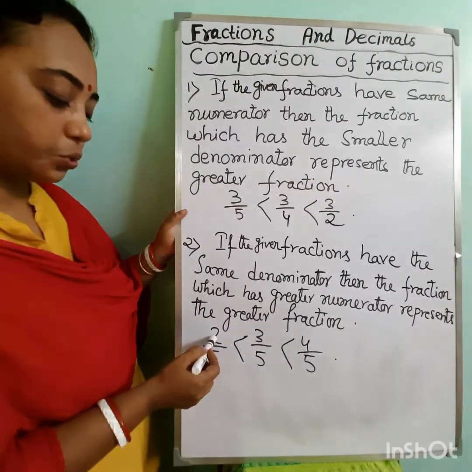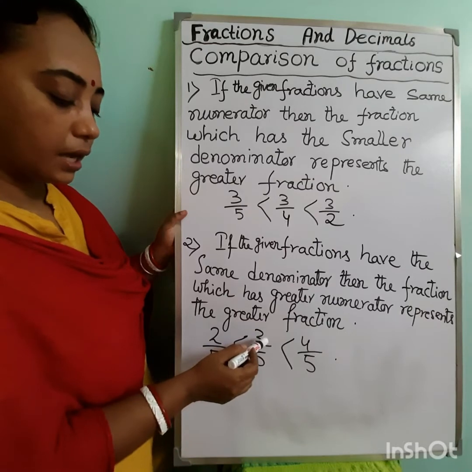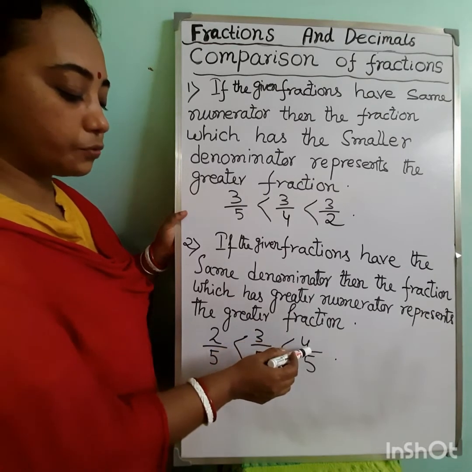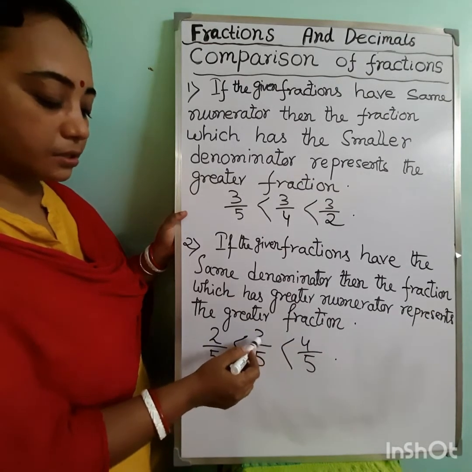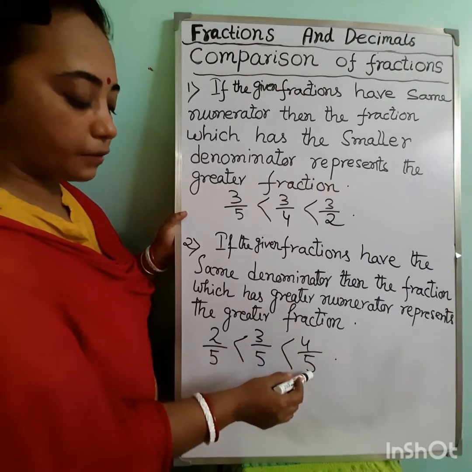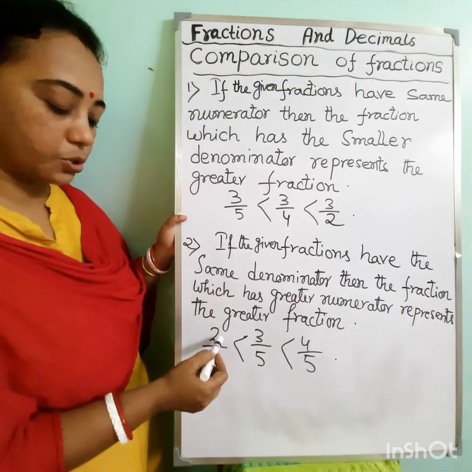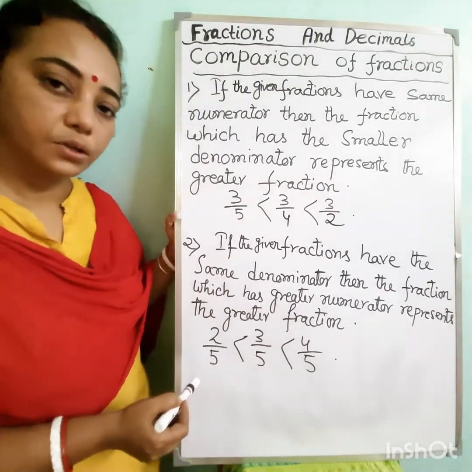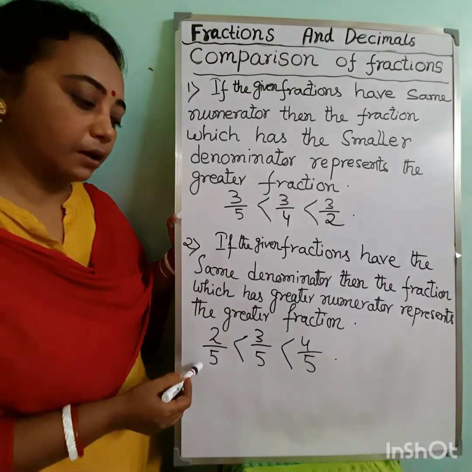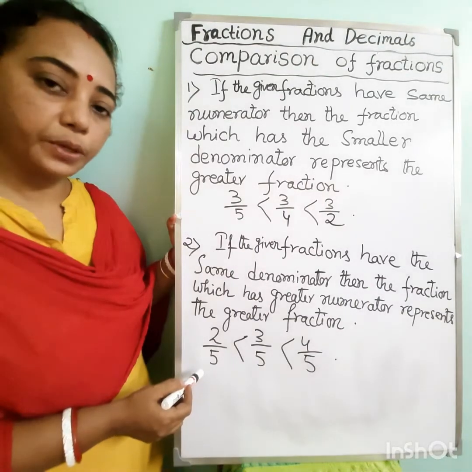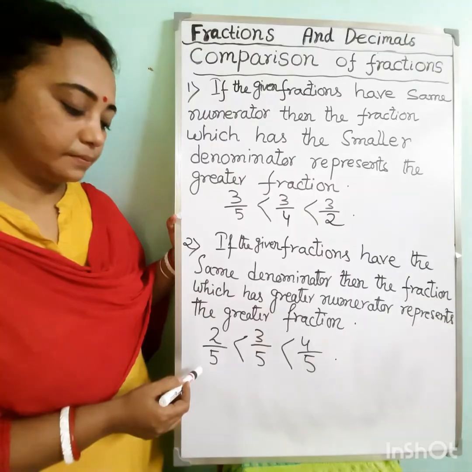So here 2 is smaller than 3 and 3 is also smaller than 4. So 4 is greater than these two numbers. That means 4 by 5 is greater than 3 by 5 and also 2 by 5. So in this way, we can easily compare the fractions when their denominators are the same.